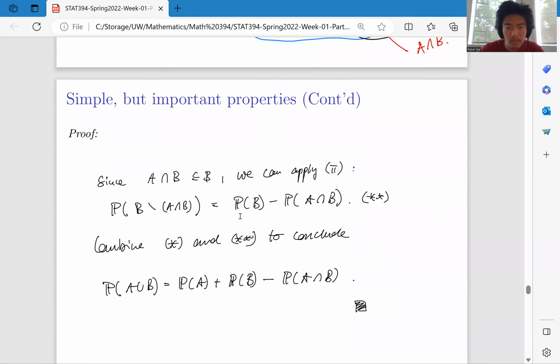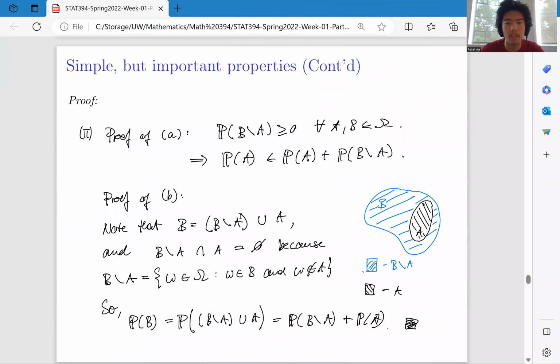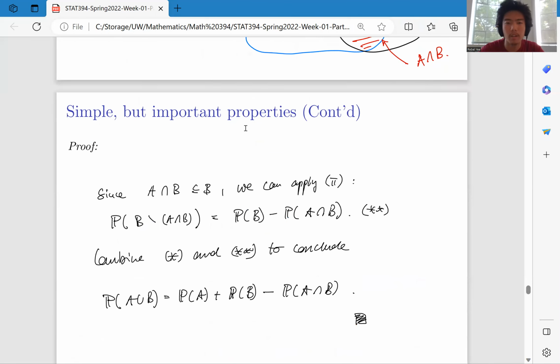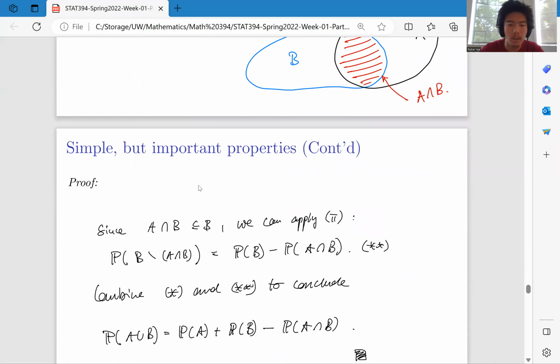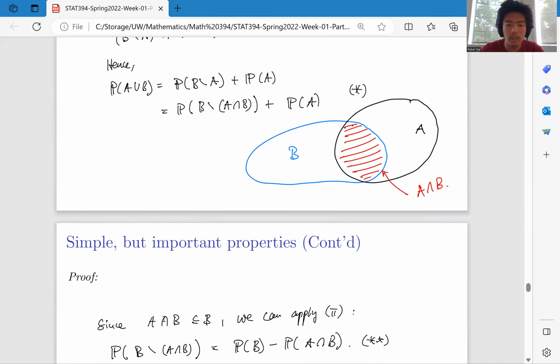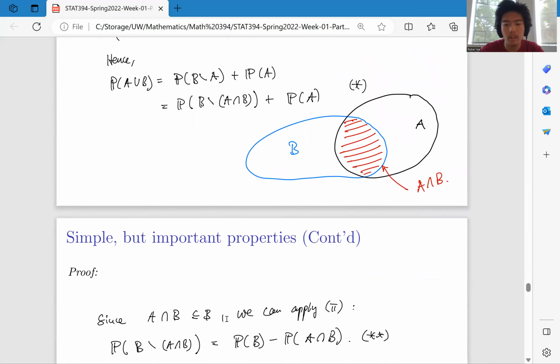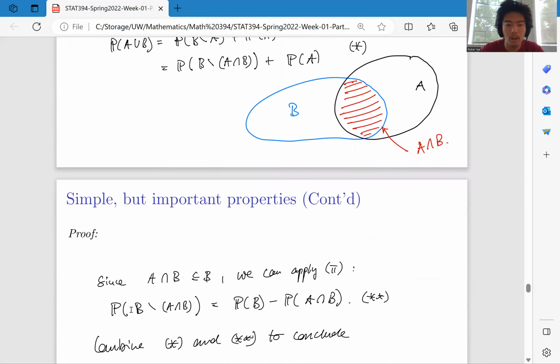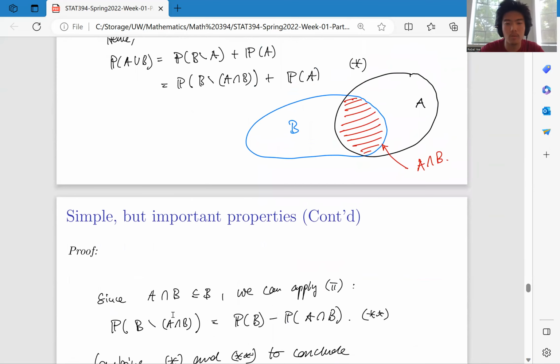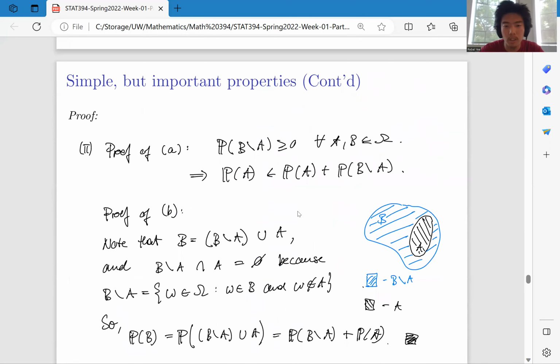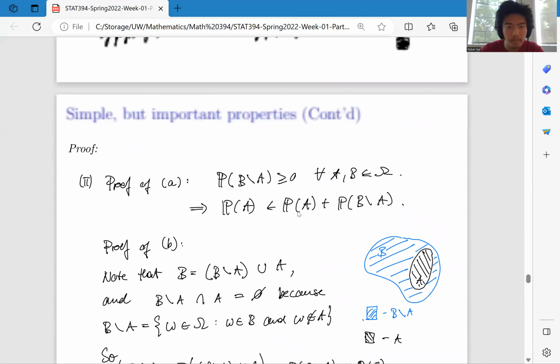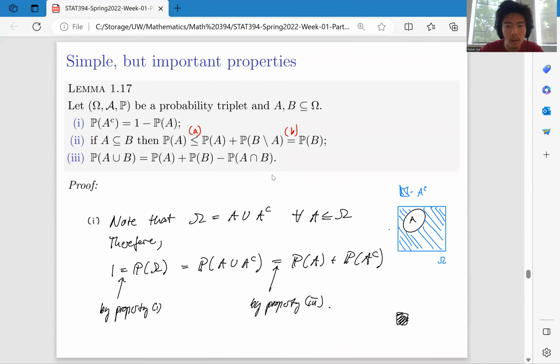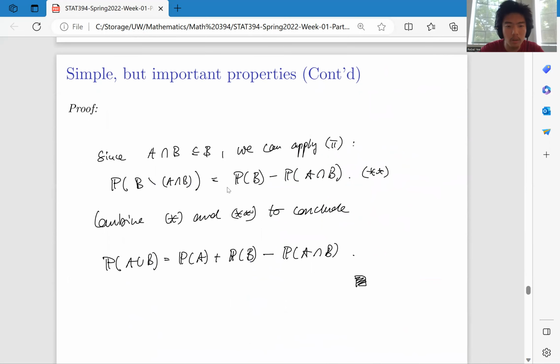And also we apply the second property here. We apply the second property to this equation, and we'll notice that because A intersection B belongs to B, then the probability of B minus A intersection with B is equal to P(B) minus P(A intersection with B).